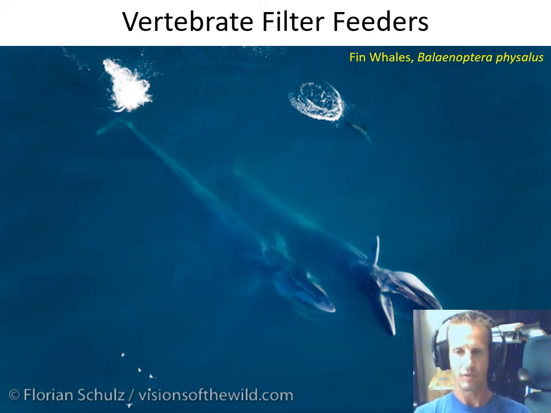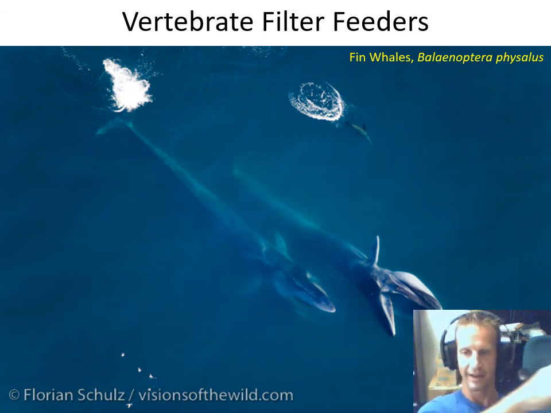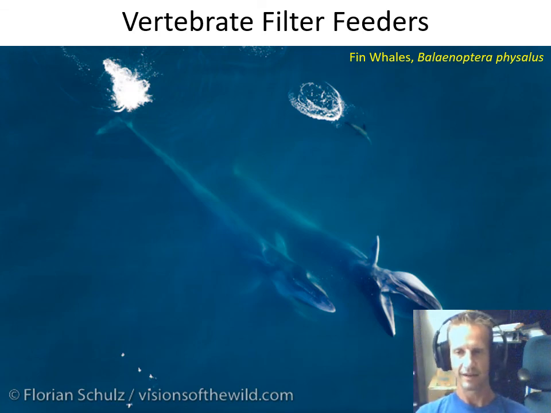In contrast with the right whale, which filter feeds by swimming along with its mouth open and catching everything, the fin whales feed by gulping a huge amount of water and squeezing it out through their baleen. So you can see that gulping action happening here as the whale gulps a glob of water to filter the plankton out.